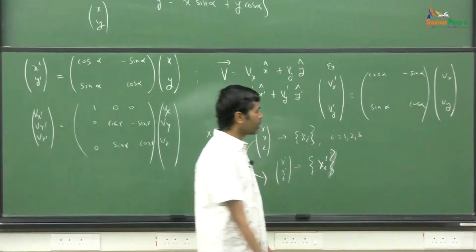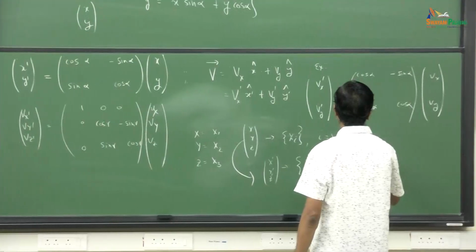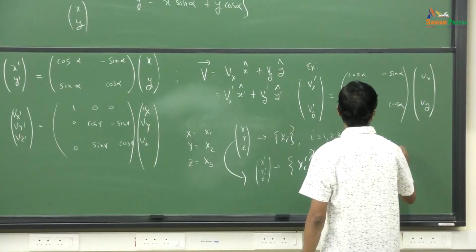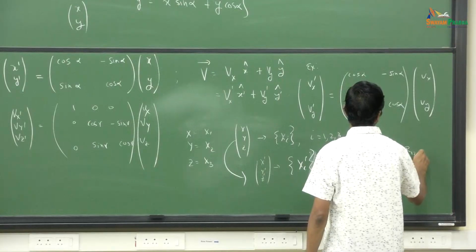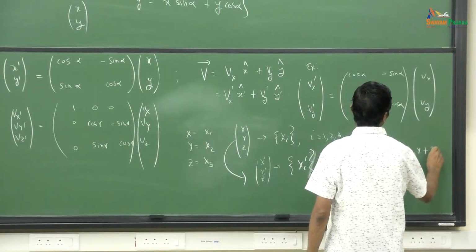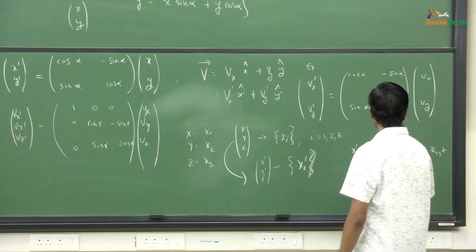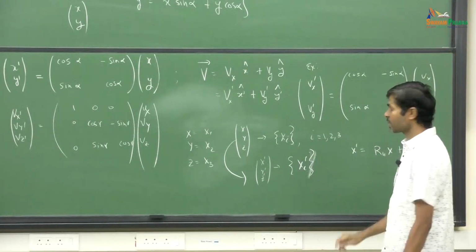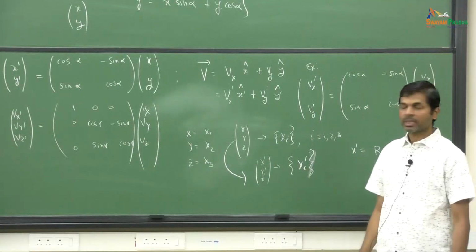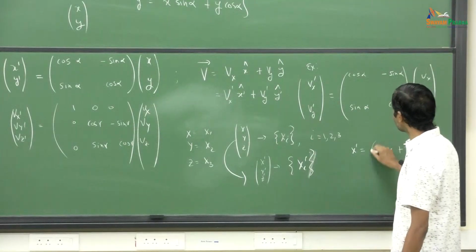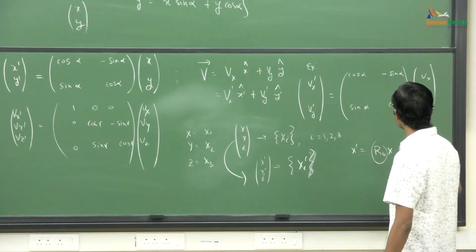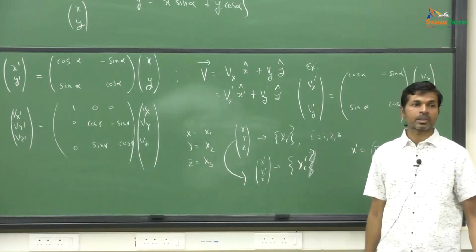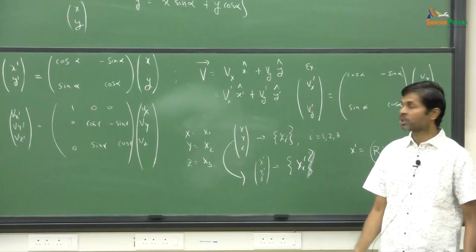So I will say x prime is some r11 x plus r12 y plus r13 z. I don't know what these r11, r12, r13 are. But there will be some constants r11, r12, r13 that will depend on the orientation of this direction with respect to x, y, z.